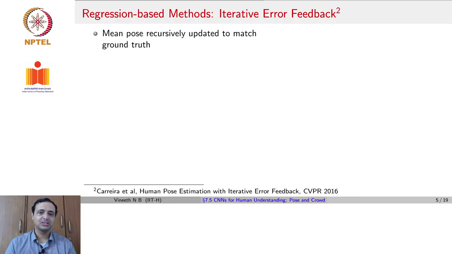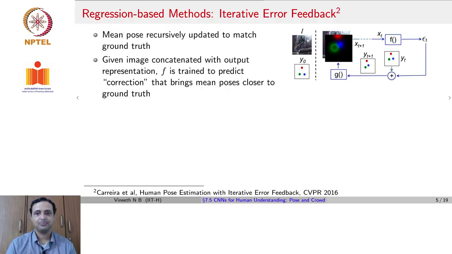Another approach which took this in a different direction, which was also an iterative error feedback based approach, was a method proposed in 2016 where the entire prediction started with a mean pose skeleton, which is then updated iteratively over many steps.